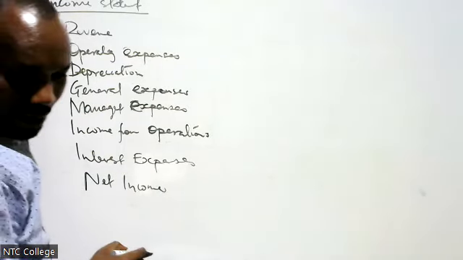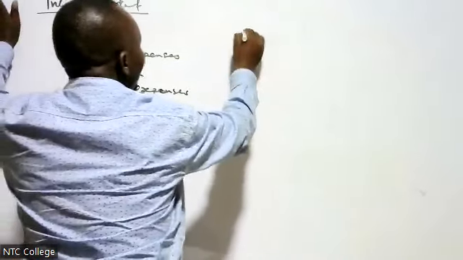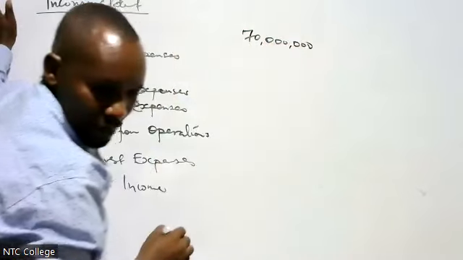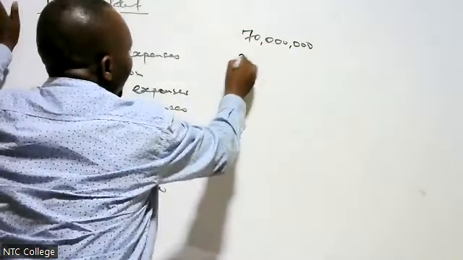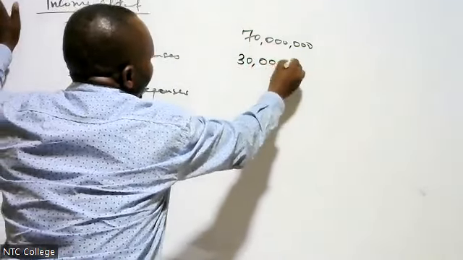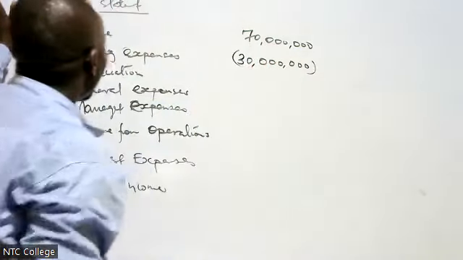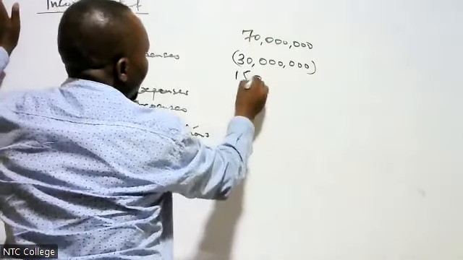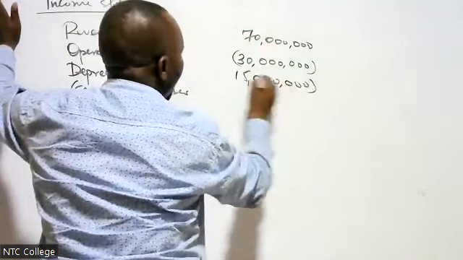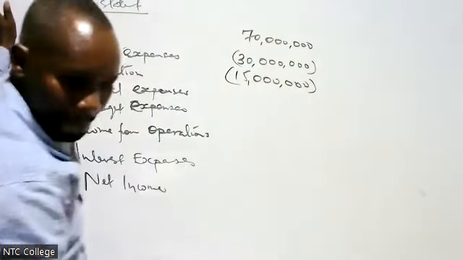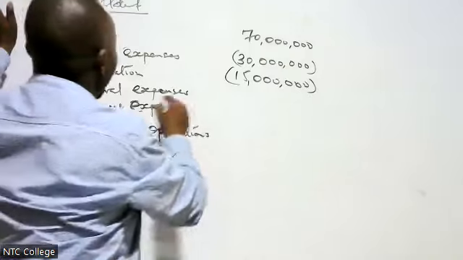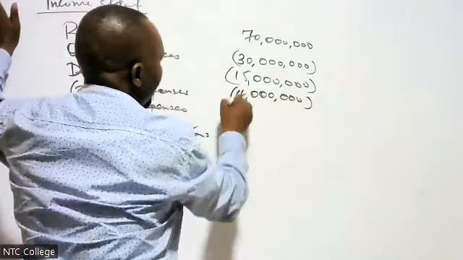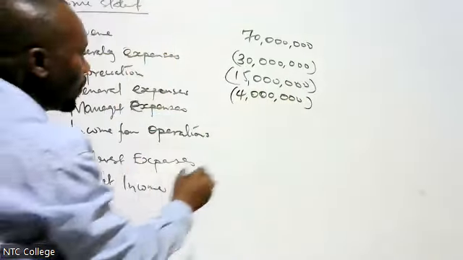So revenue we have 70 million. Then we have 30 million. $15 million. $4 million. $1 million.